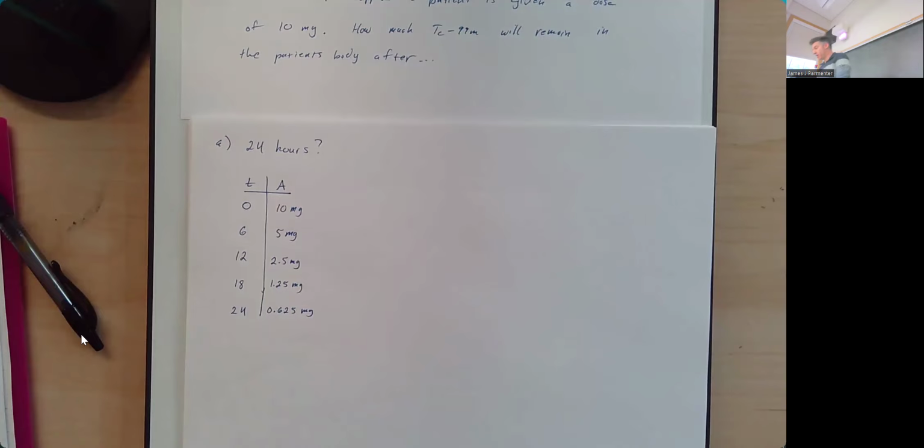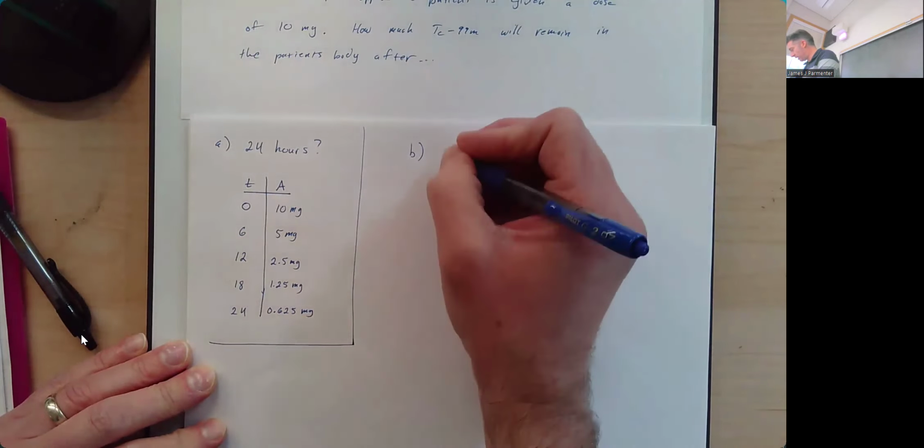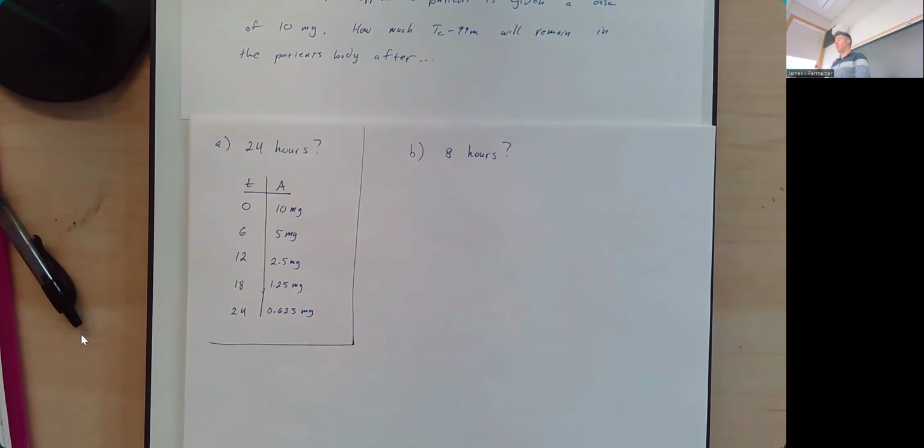But if I said, now I want to know how much TC99M is there going to be in the body after, say, 8 hours, well, with the things I've written down, all I can confidently say currently is there's going to be between 5 and 2.5 milligrams.